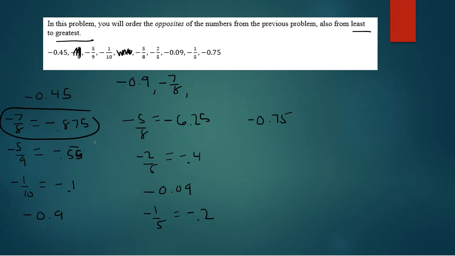Okay, then we are going to have this one right here, the negative 0.75. Then we are going to have this one right here, the negative 5/8.